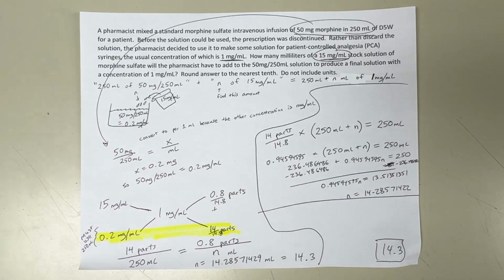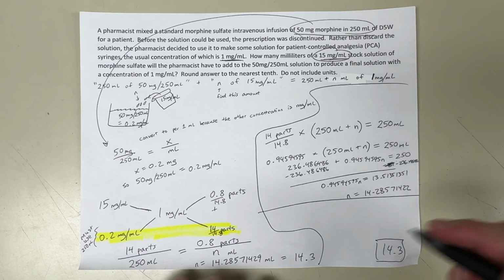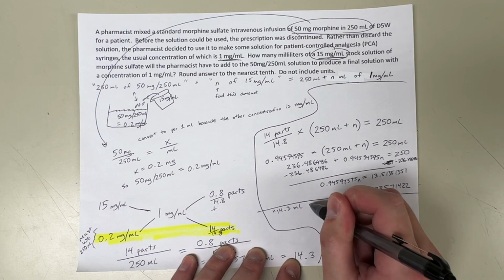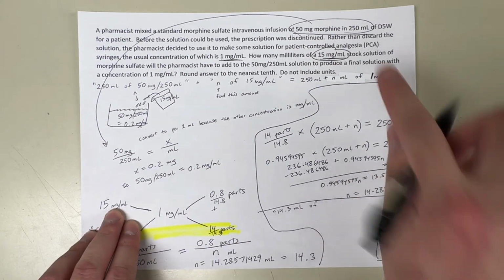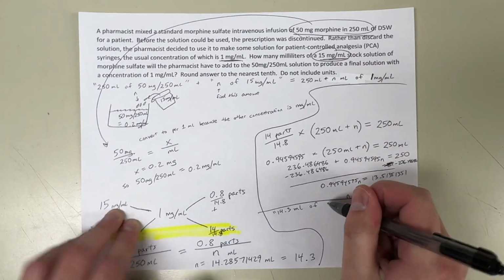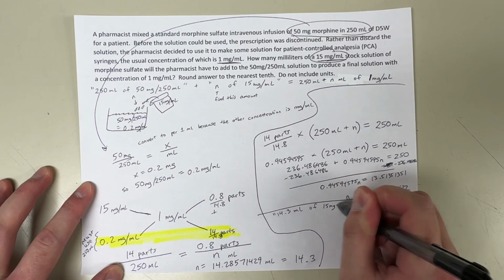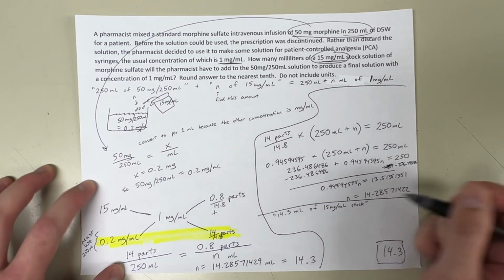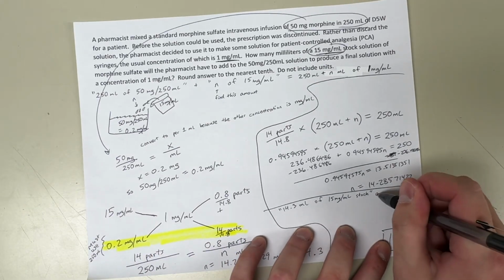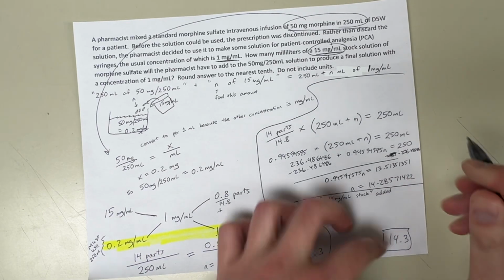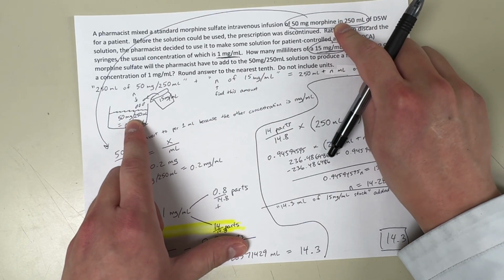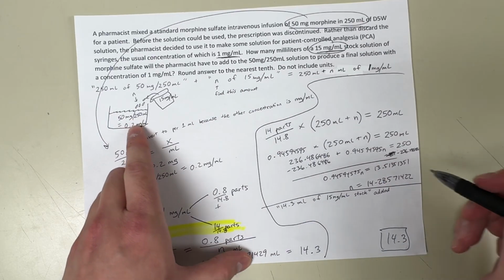Now to really double check your work, I'm basically working backwards. I know I have this 14.3 milliliters of the 15 milligram per milliliter stock solution, being added to the original 50 milligram per 250 milliliter solution.